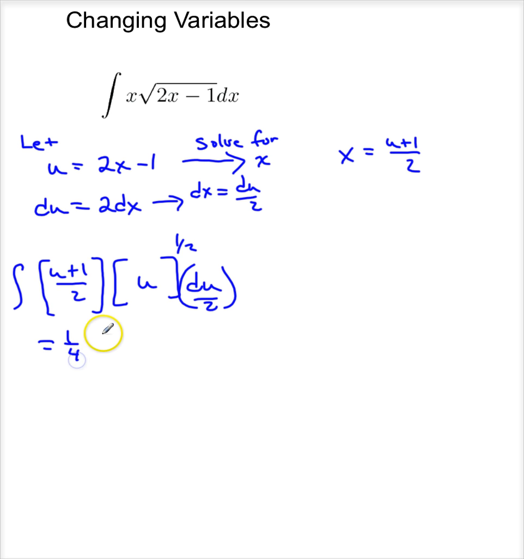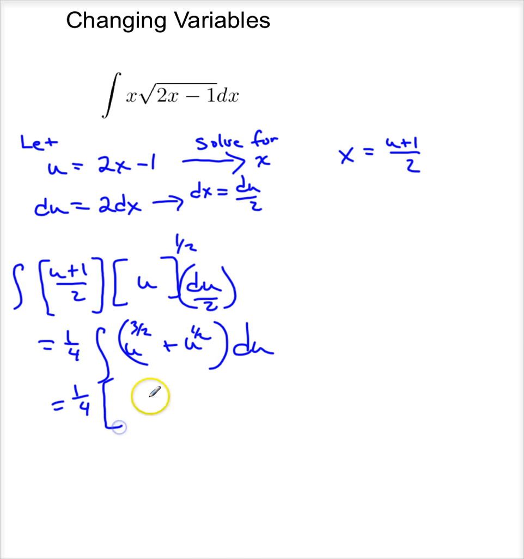I'm just going to factor that fourth out of there. The integral of u to the 3/2 plus u to the 1/2 du. Now this is something I can integrate. So this is 1/4 times u to the 5/2 divided by 5/2 plus u to the 3/2 divided by 3/2 plus c.